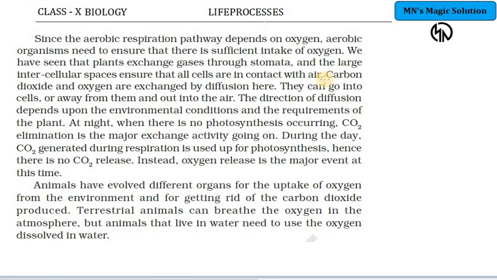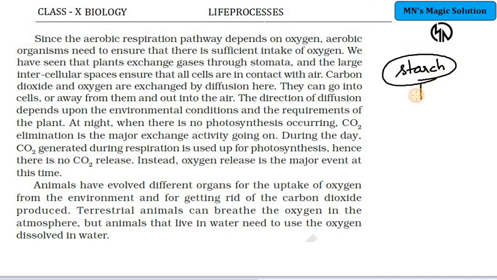There is another interesting concept asked by students. Ma'am, we humans do respiration for obtaining energy, but plants do photosynthesis for obtaining energy. That is wrong. Plants do photosynthesis to obtain starch. Starch is our glucose equivalent.